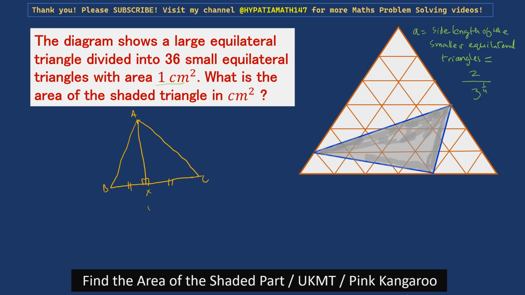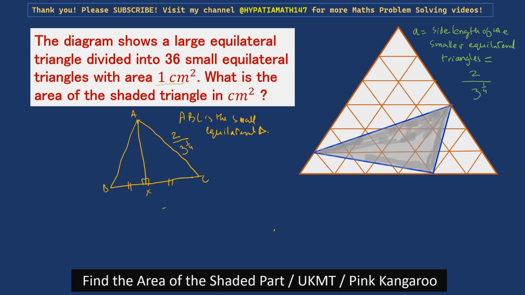BX would be equal to XC, because ABC is equilateral, the small equilateral triangle. So AC we already know, it is 2 out of 3 to the power 1 out of 4.